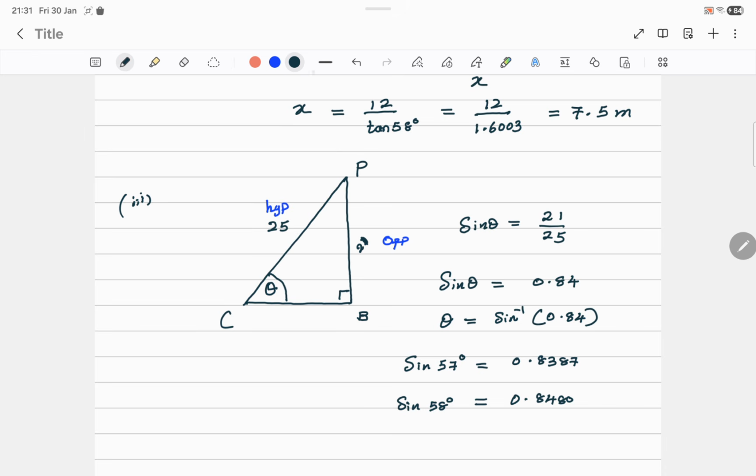Sorry, not sine 58, we'll use sine 57.1. Sine 57.1 is 0.8403.